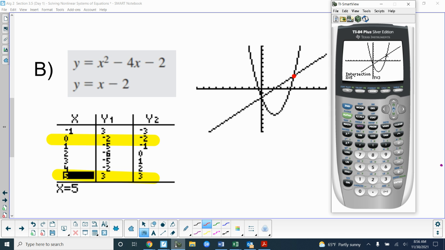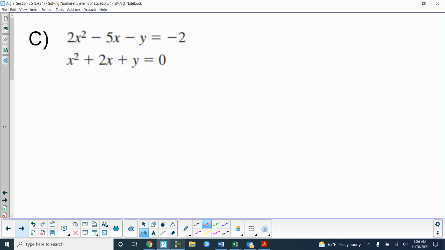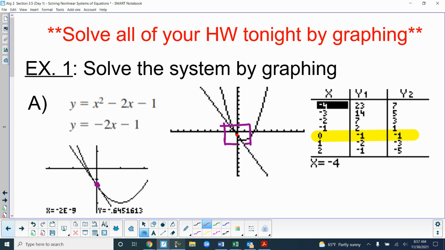All right. Next one will be 2 parabolas. What I got to do first, though, before I can put it in my calculator? What do these have? Y equals, right? What's your button say? Y equals.